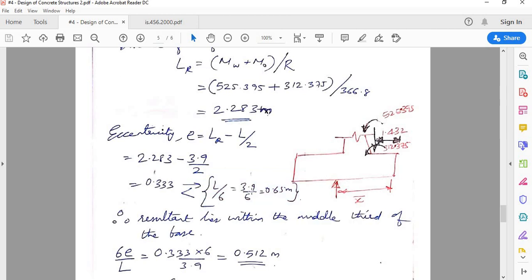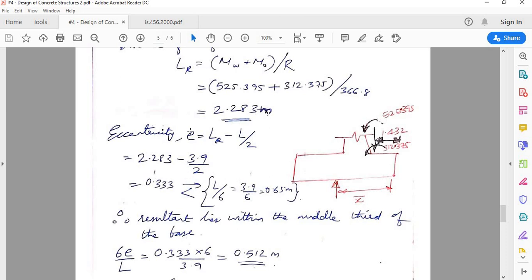First of all, we said that the soil cannot have tension, there cannot be uplift pressure between soil and foundation, or in other words the soil pressure cannot be negative. In order to ensure that, the eccentricity should be within the middle third of the cross section. Again, I hope it has been taught to you. If you have any doubts, you can message me, no problem.